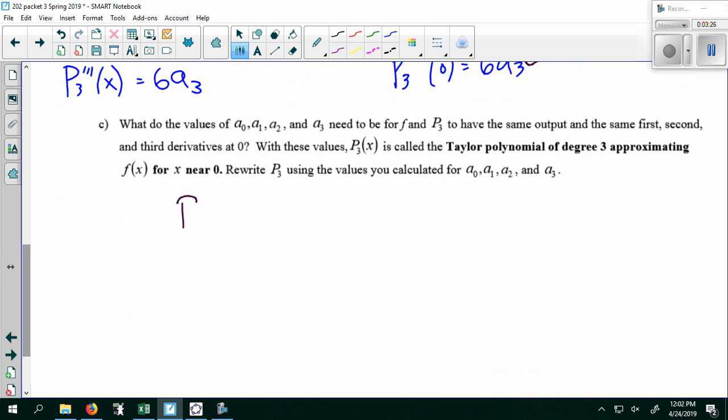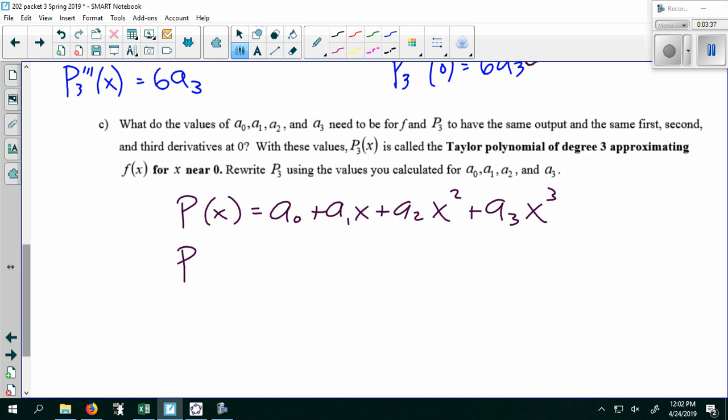So P of x is a0 plus a1x plus a2x squared plus a3x cubed, and then replace the coefficients with the numbers we just found. So it's 1 plus 2x plus 2x squared plus 4/3 x cubed.